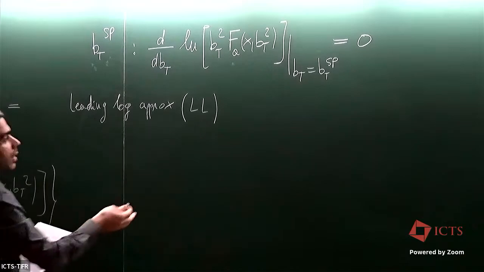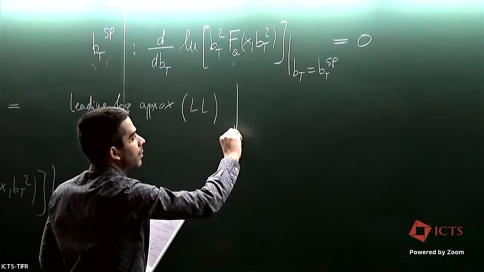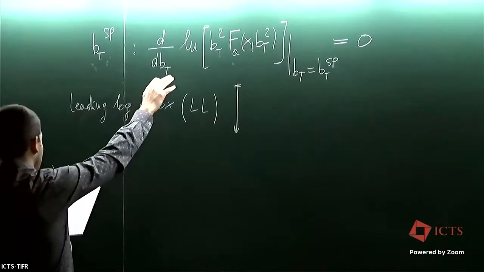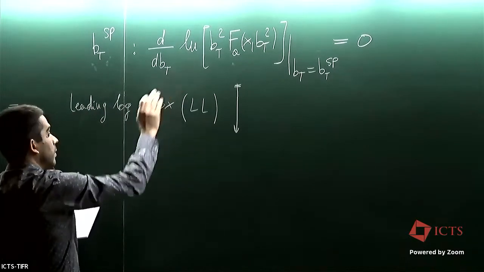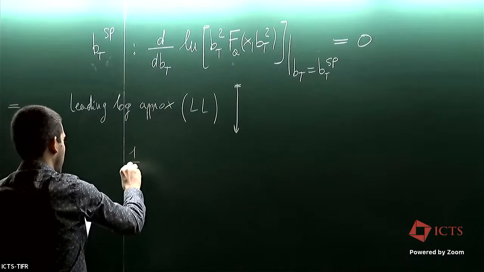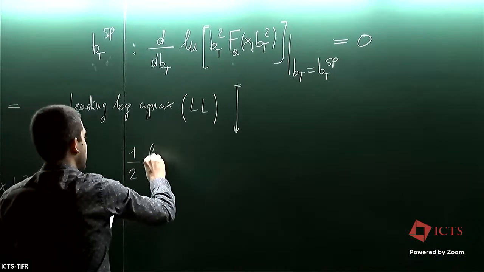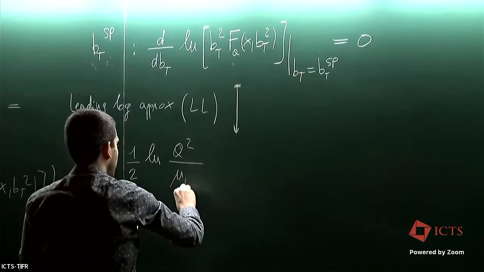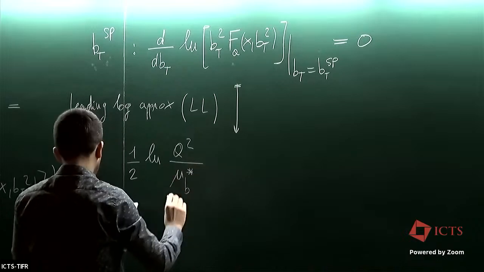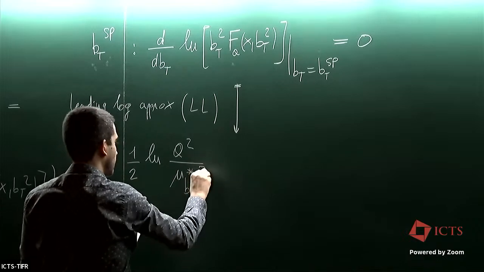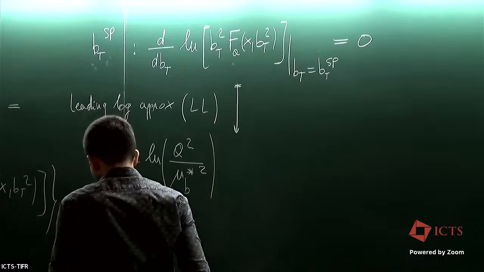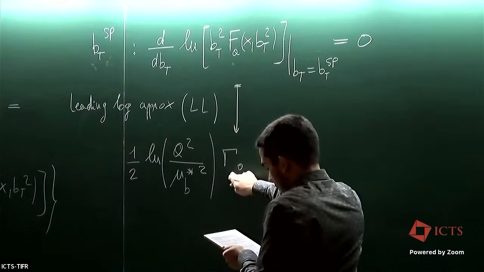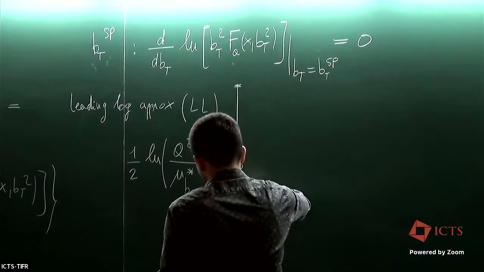And you can show, I'm not going to go through the details, but if you are interested, we can work it out together later on. This equation here boils down to the following one. 1/2 the log of q square divided by mu b star squared, gamma 0, which is related to the cusp anomalous dimension, is the first non-vanishing term.